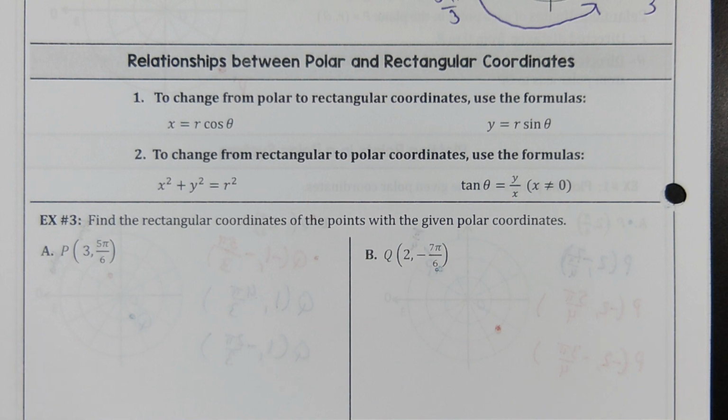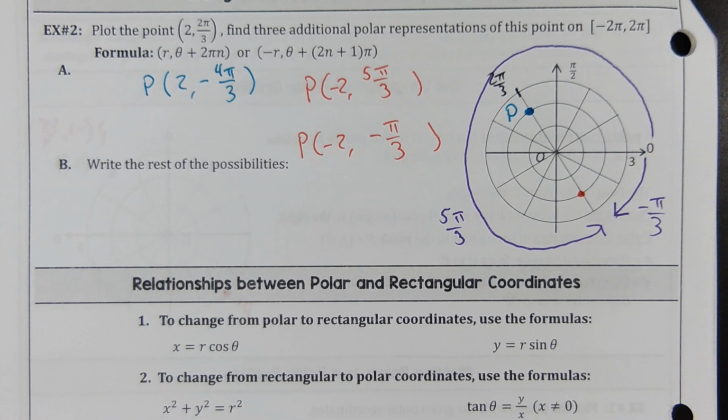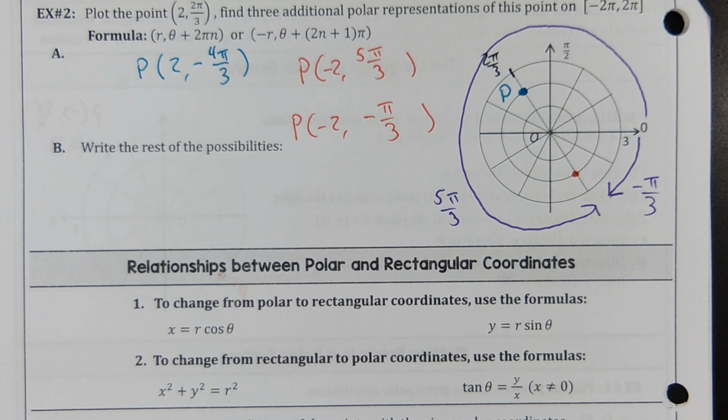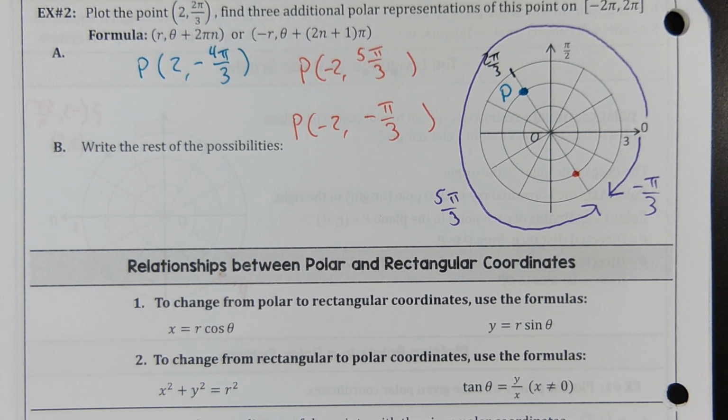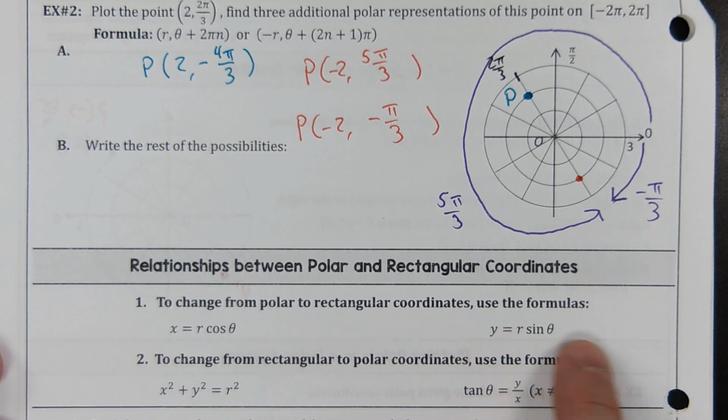You should be able to describe any point in space in either rectangular coordinates or polar coordinates. You should be able to move back and forth. The good news is it uses the trig stuff that we already know to be true. I don't have to teach you new trig, I just have to show you a way to use it. So that's the good news. The conversions are right here.